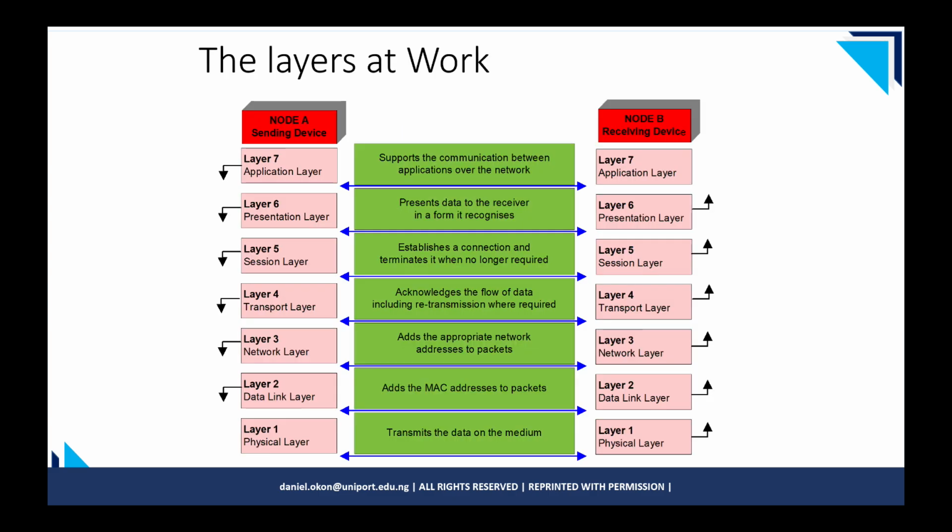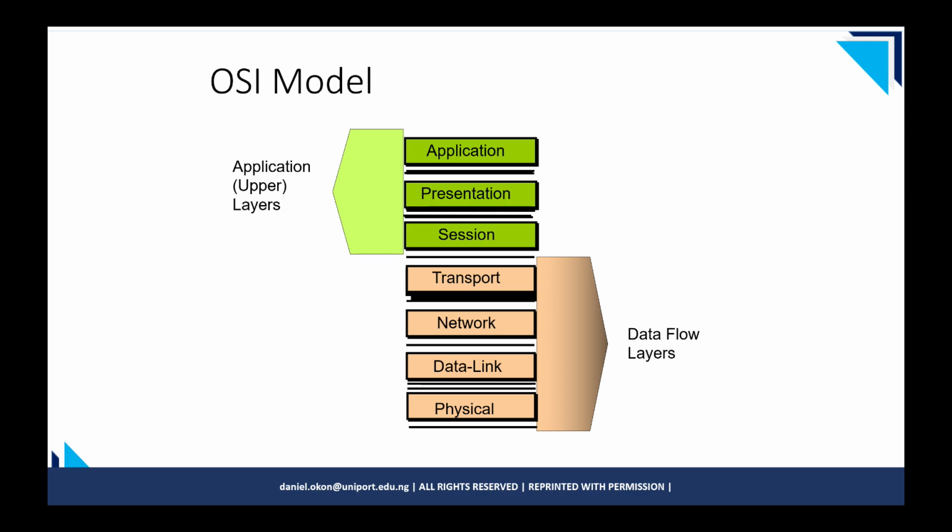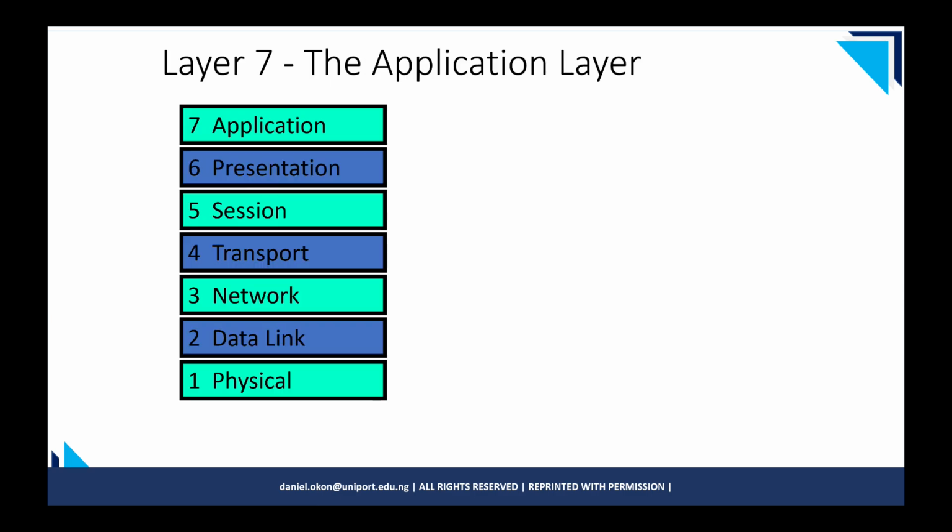So the information flows, and a connection is established and terminated at layer 5. I told you layer 5 is the session layer. So that is where the connection is established and terminated. Still on the OSI layer, we have the upper and the lower layers.